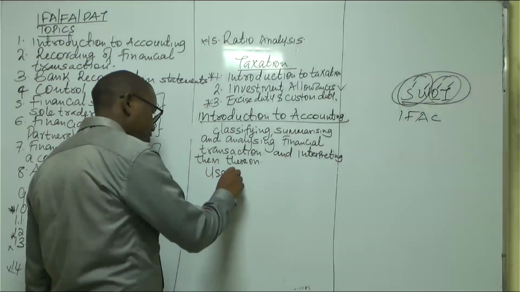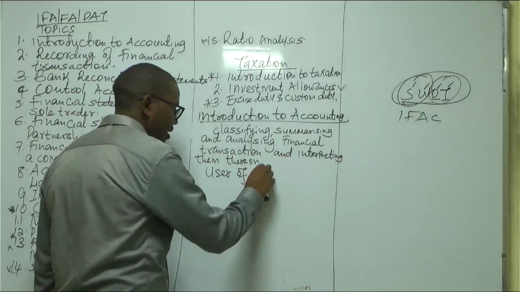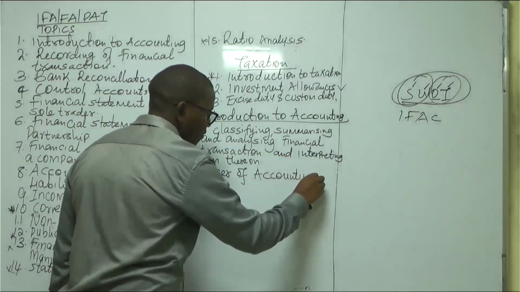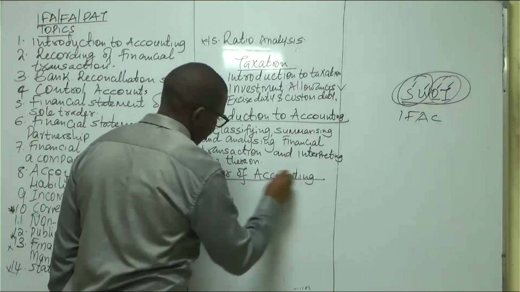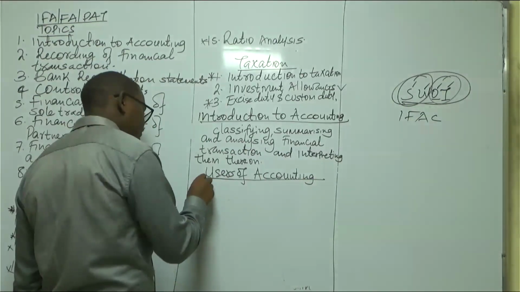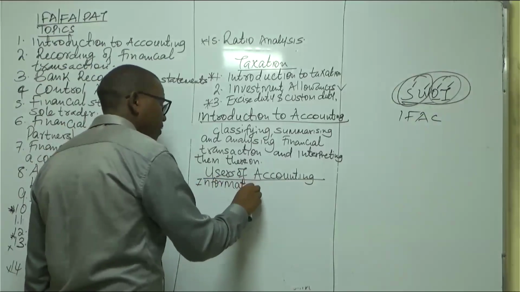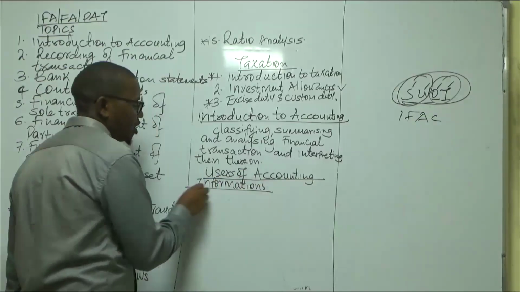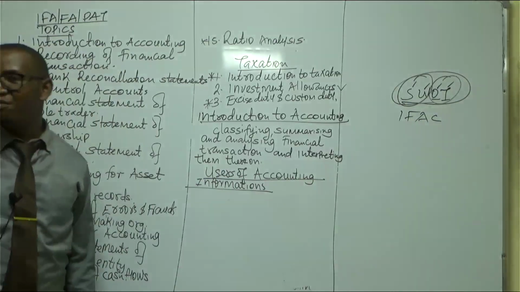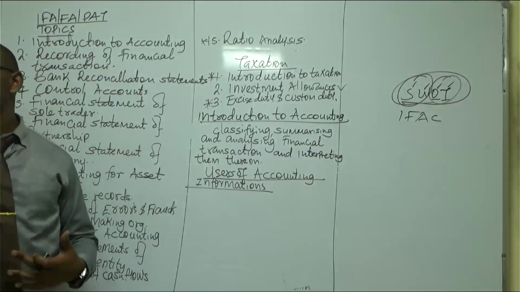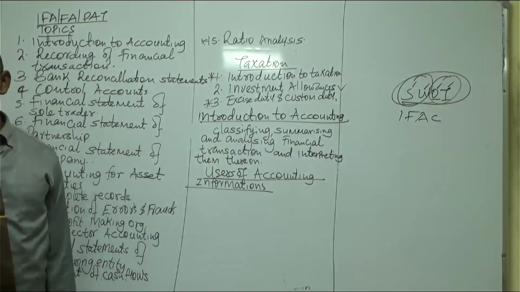Now we can talk of the users of accounting information. This is one of the common questions. Who are the users of accounting information and what are their information needs? What do they want from that accounting information?